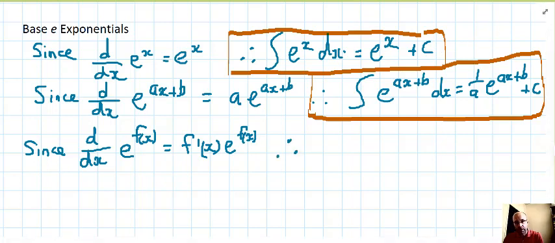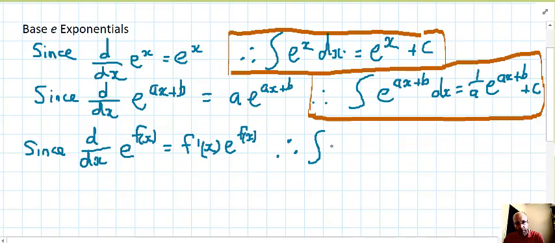Now, if we take the integral of that result, so the integral of the derivative of some function times e to that function, let me make that derivative there, it's a little dash for derivative.